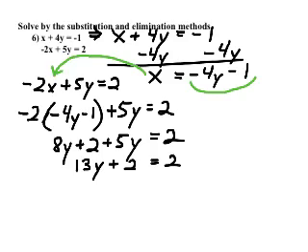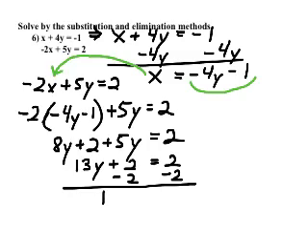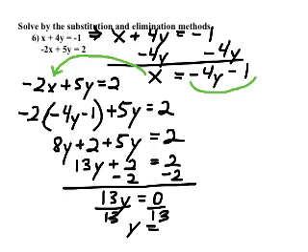Then I'll add a negative 2 to both sides, and I get 13y equals 0. Dividing by 13, I get y equals 0, because 0 divided by 13 is 0. These two cancel. So now we know y equals 0.